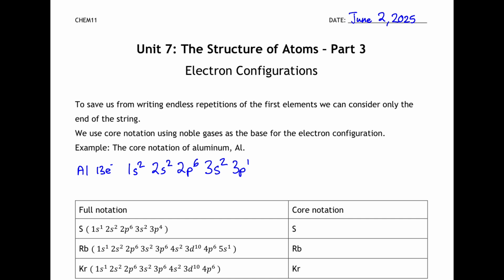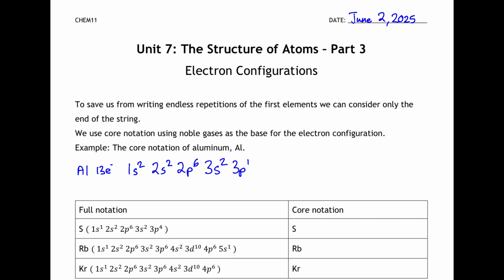Now, to save you guys writing all of these, aluminum's not bad. But if we get into the heavy elements like tin, like mercury, like any of these really big elements that have 50 or 80 electrons, this is going to get into a massive thing. So what we're going to introduce is a core notation, using noble gases as the base. In this case, I'm going to show this base.